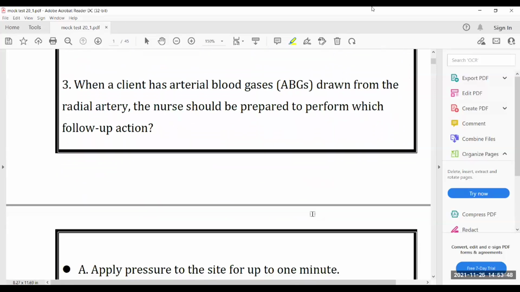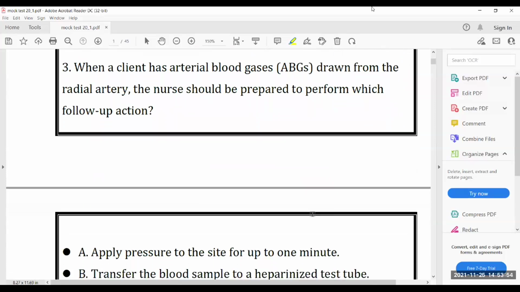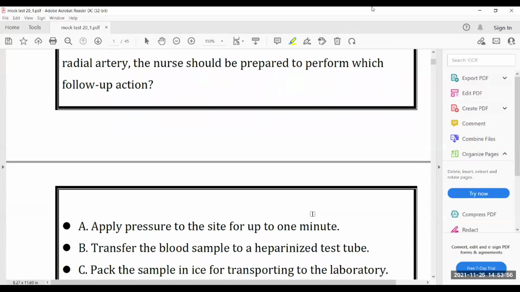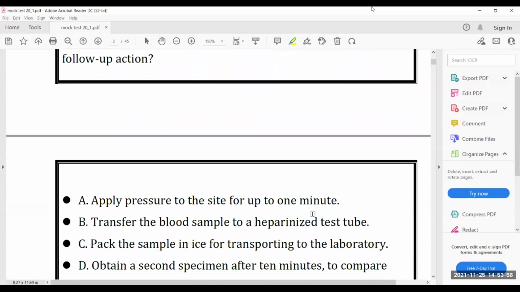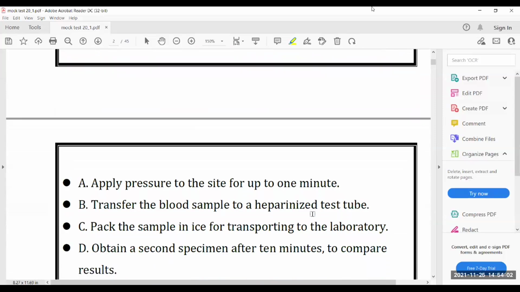When the client has an ABG drawn from the radial artery, the nurse should prepare to perform which follow-up action? Apply pressure to the site for up to 1 minute. Transfer the blood sample to a heparinized test tube and pack the sample in ice for transporting to the laboratory.